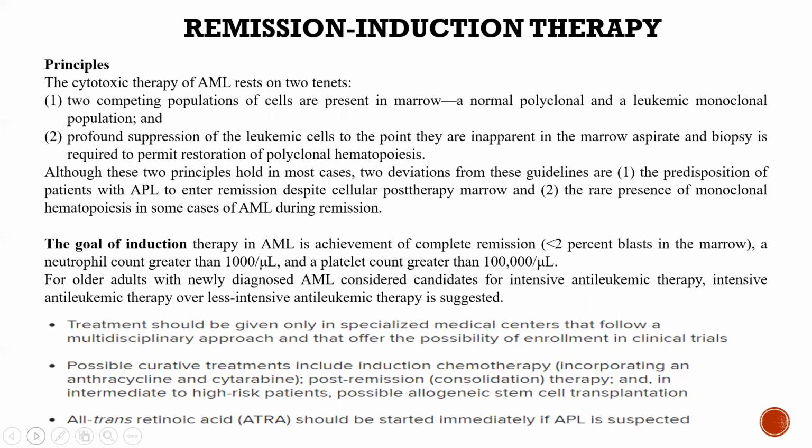Although these 2 principles hold in most cases, 2 deviations from these guidelines are a predisposition of patients to enter remission despite a cellular post-therapy marrow, and the rare presence of monoclonal hematopoiesis in some cases during remission.